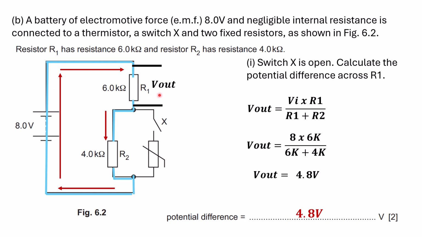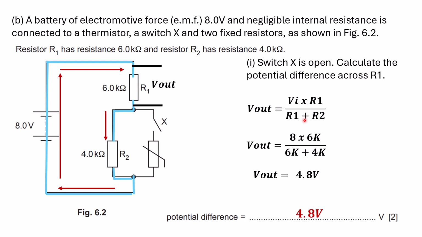Now to calculate the potential difference across resistor R1, we can use a potential divider. The potential divider formula is V out, or output voltage, is equal to the input voltage times the resistor where we want to calculate the V out, over the sum of all resistors in series.